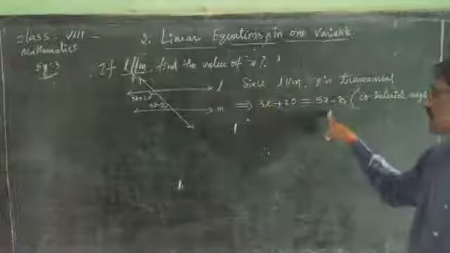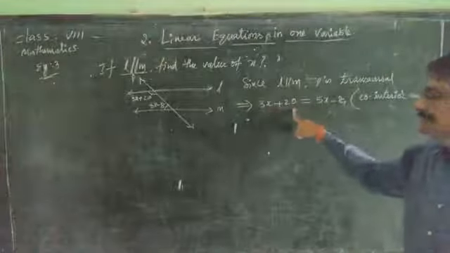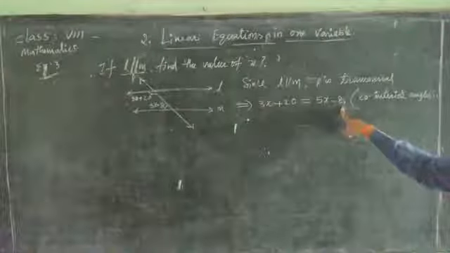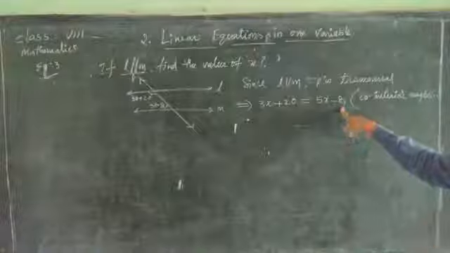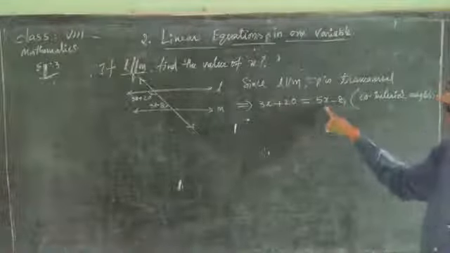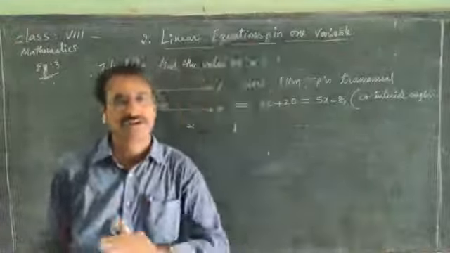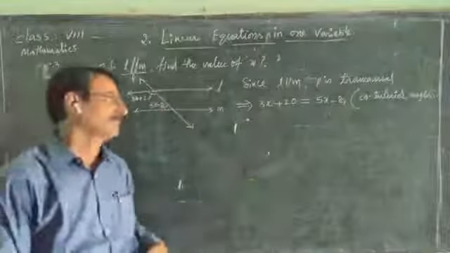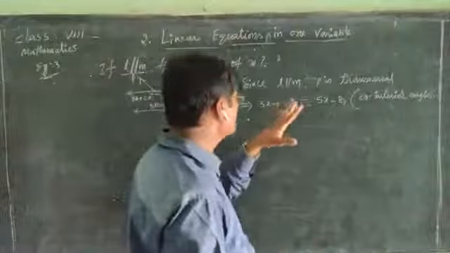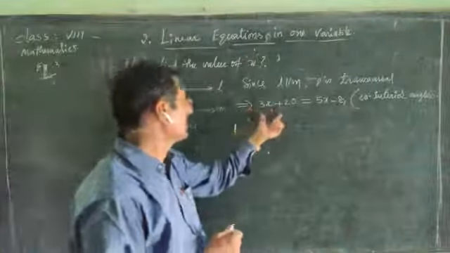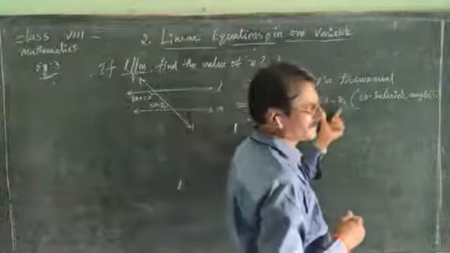In this equation, 3x plus 20 on the left side, 5x minus 8 on the right side. That means the variable is on both sides. So there are totally 4 terms in that equation, 2 terms on the left side, 2 terms on the right side.